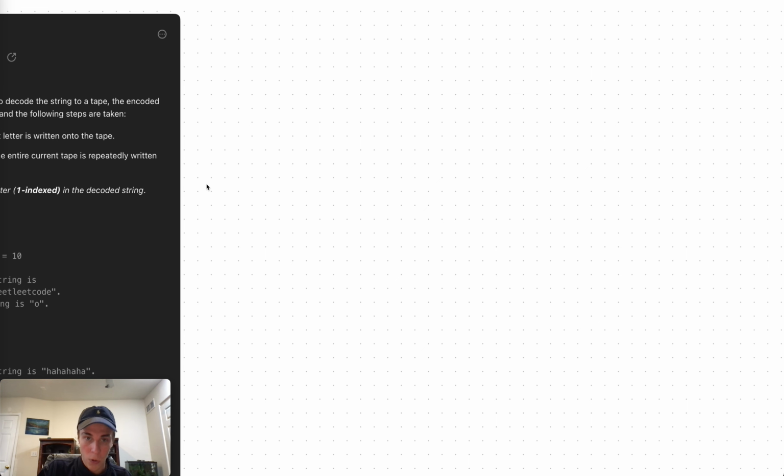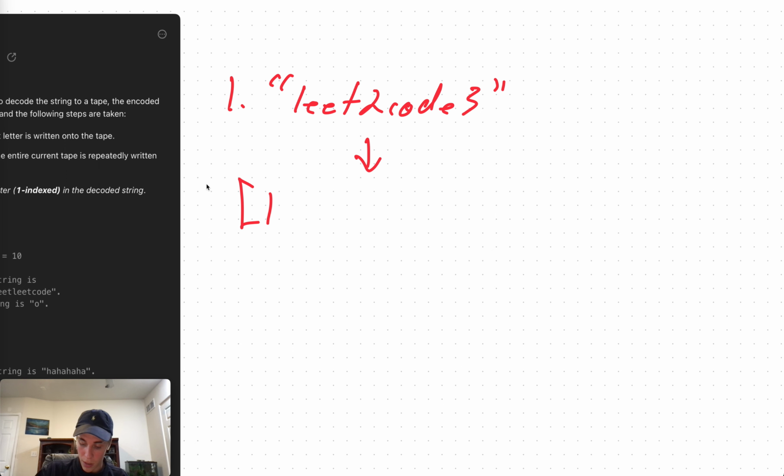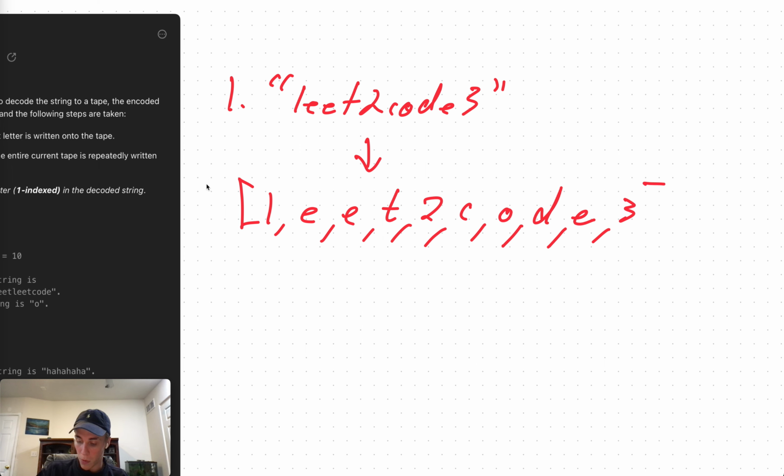And so my first step was to translate the encoded input string, leet2code3, into an array that looked something like LEET 2 CODE 3.